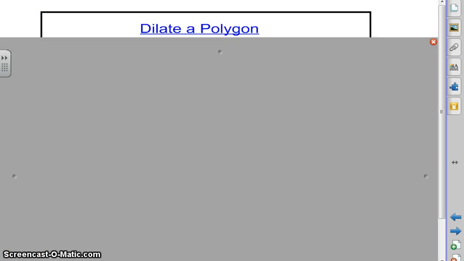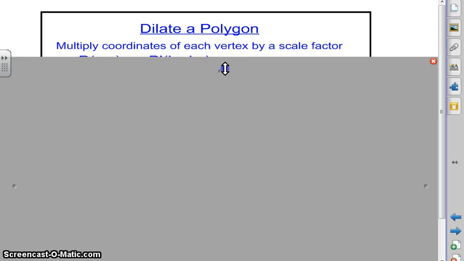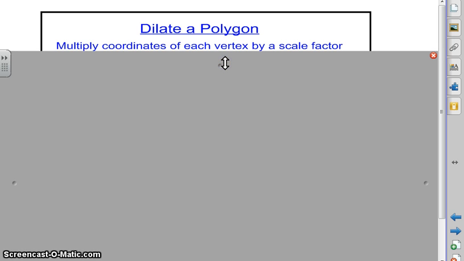Okay, so let's put the rule down for dilating, since we know it's multiplication. And then we'll go do a really sophisticated question about this, okay? So to dilate a polygon, we're going to multiply the coordinates of each vertex by a scale factor.